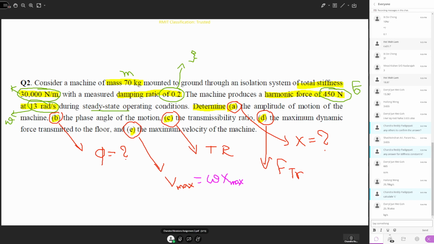So guys, you can calculate what? M is given, K is given, so you can calculate the natural frequency of the system.